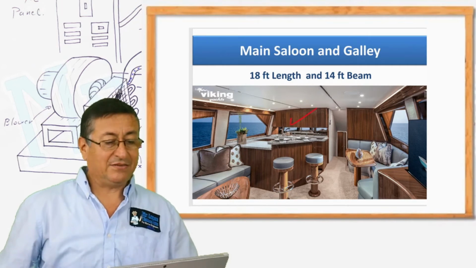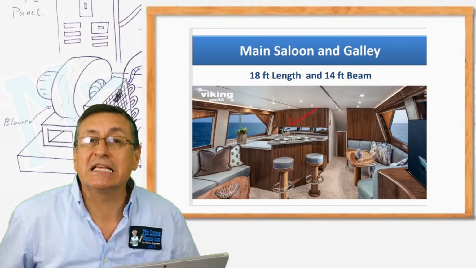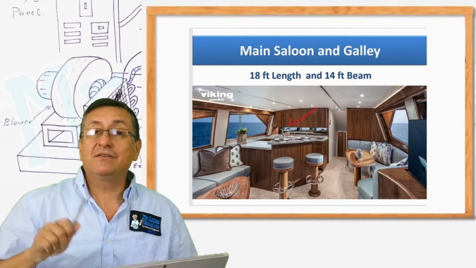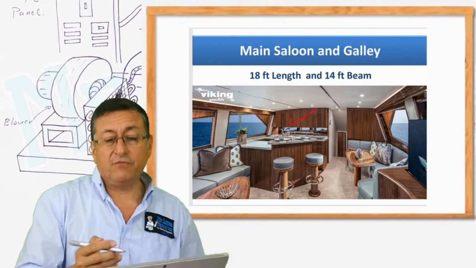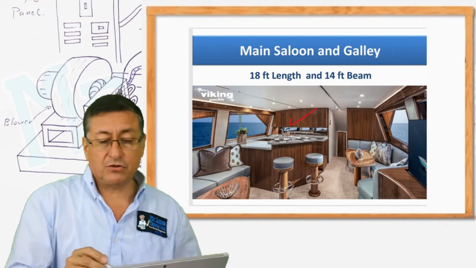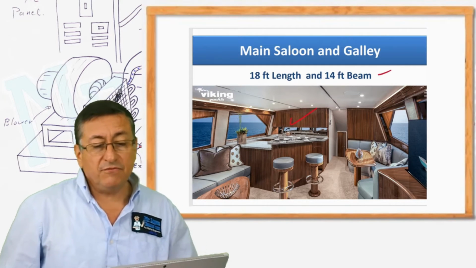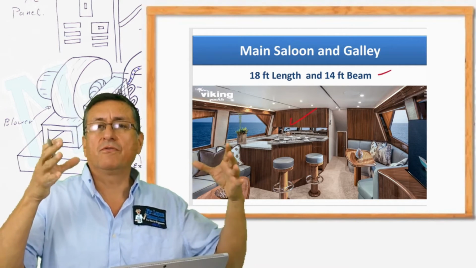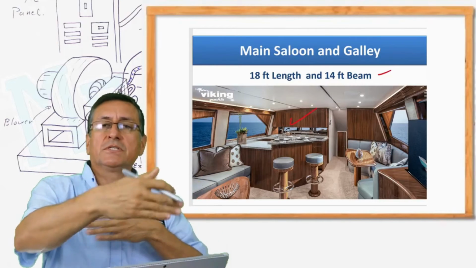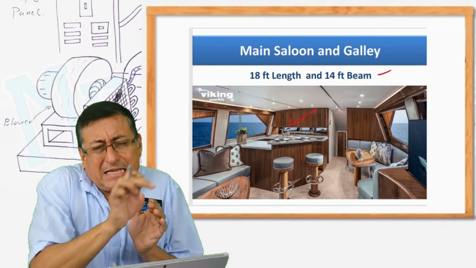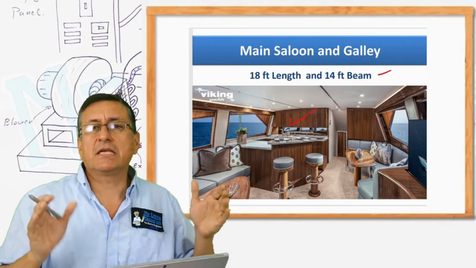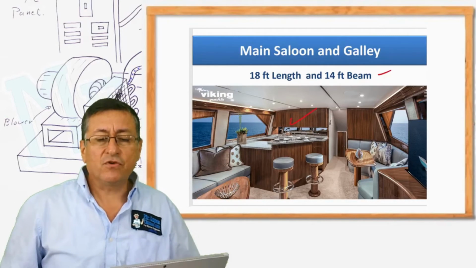Yes, this is a good chance. Okay, and this is the procedure. The area of the saloon, according to the information from the manufacturer of the boat, is 18 feet times 14 feet. It's not exactly a rectangle, but the area is approximately 18 times 14.